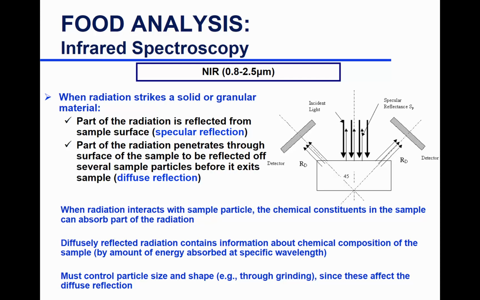But importantly, when you prepare your sample or put it in the cell, it has to be homogeneous. Particle size needs to be homogeneous, otherwise you will have different types of reflectance and scattering of light if you have larger and smaller particles. So it's very important to have controlled particle size and shape.